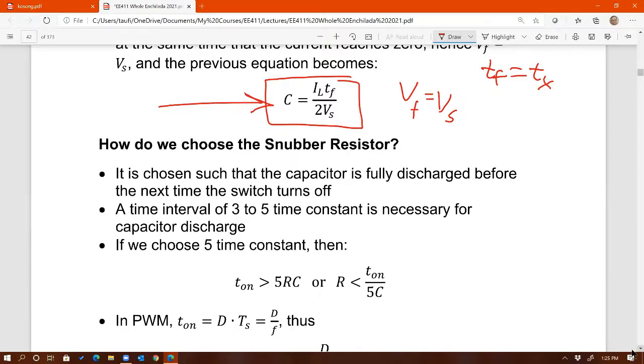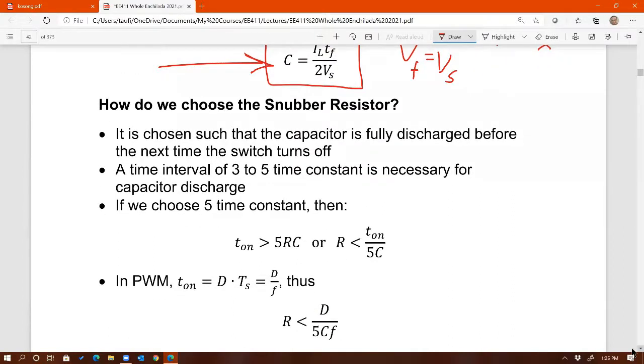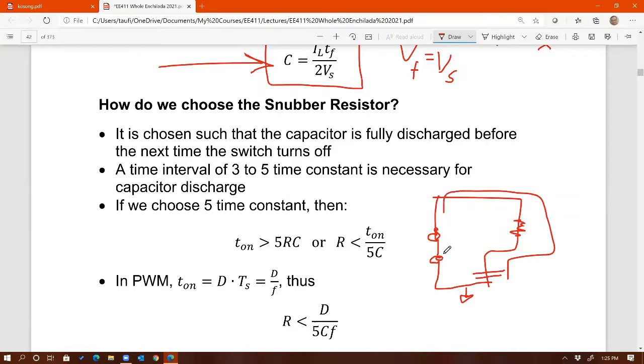That has to do with the time constant of the capacitor. Remember the circuit that I showed earlier: when the switch is on, this capacitor discharges through R. So now we have the RC time constant.